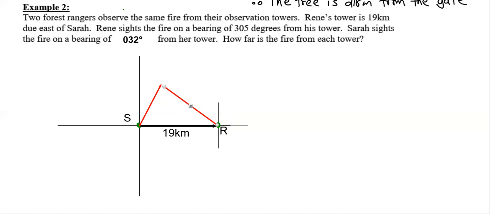All right, let's put some measurements in here. Remember that this was 270 plus the 35 degrees, so we're going to put 35 degrees in that little corner over here. And then we have another measurement here, which is 32 degrees.